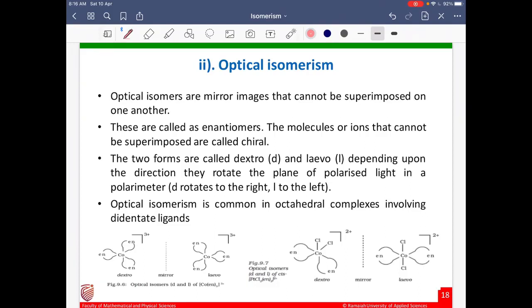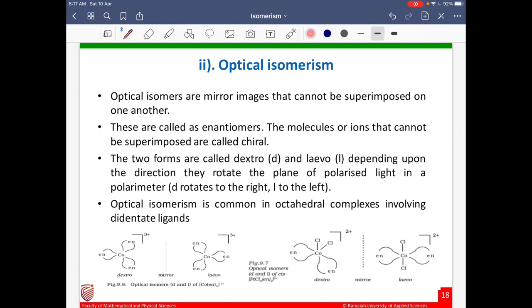The 2 forms are called dextro and levo, depending upon the direction they rotate the plane of polarized light in a polarimeter. So if you pass polarized light, based on the direction in which the compound rotates the light, we call the isomers dextro or levo.